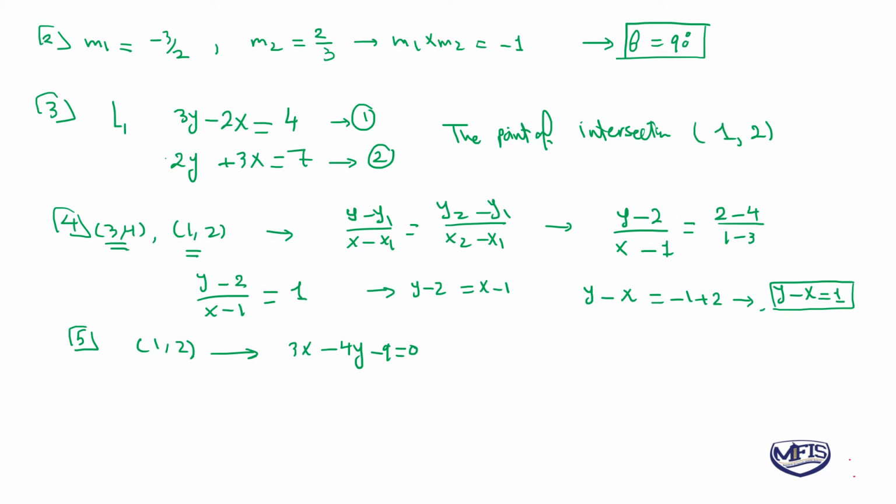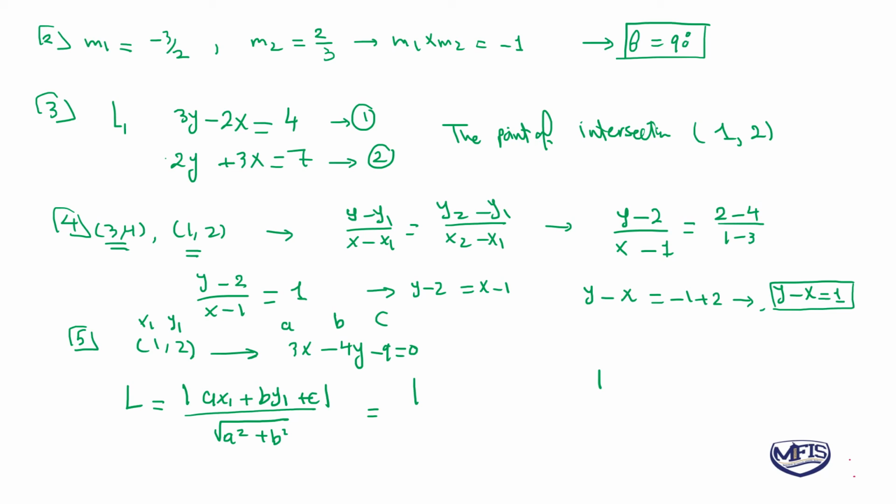We have a rule: the length of the perpendicular L equals the absolute value of A times x1 plus B times y1 plus C, all over the root of A power 2 plus B power 2. Here A equals 3, B equals negative 4 and C equals negative 9, and x1 is 1 and y1 is 2.